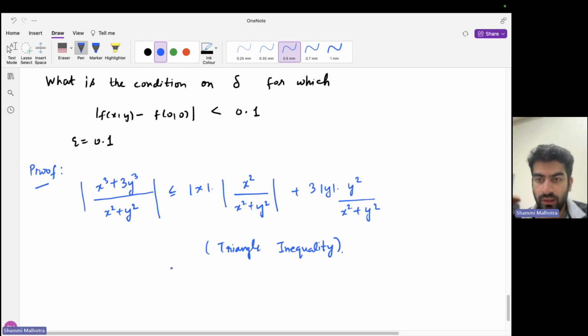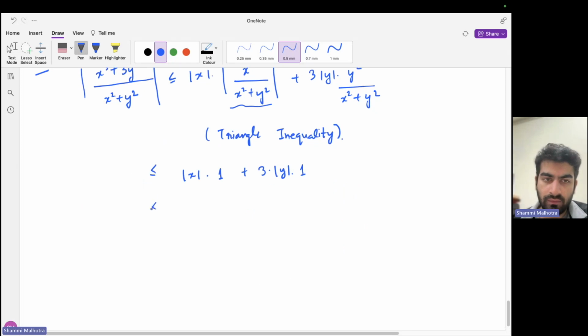So what we can do now, let us bound this. I know this ratio is less than or equal to 1, as you've seen in the question number first. So again, I can bound this by mod x times 1 plus 3 times modulus of y, and again this can be bounded by 1.